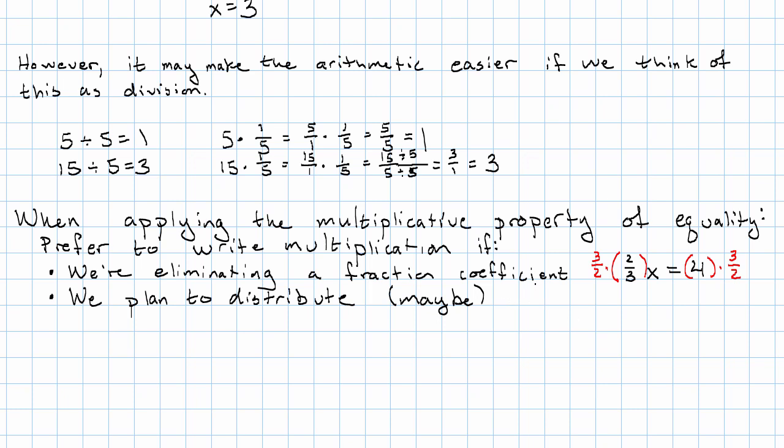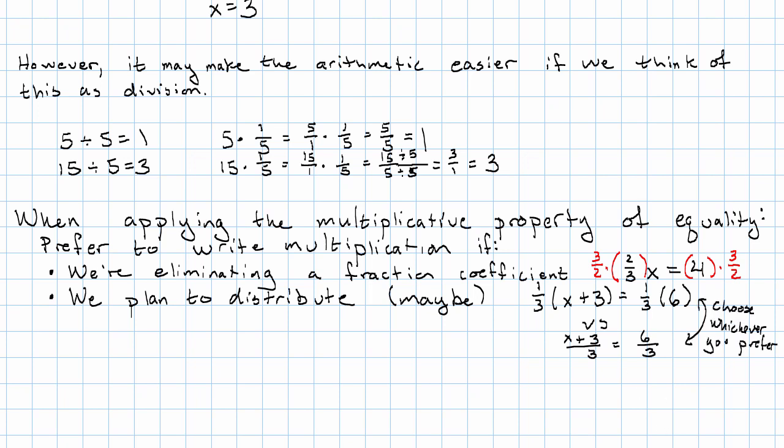So we might prefer to write 1/3 times (x plus 3) equals 1/3 times 6, rather than (x plus 3) over 3 equals 6 over 3. For this situation, choose whichever you prefer.